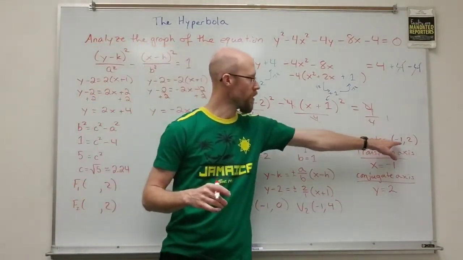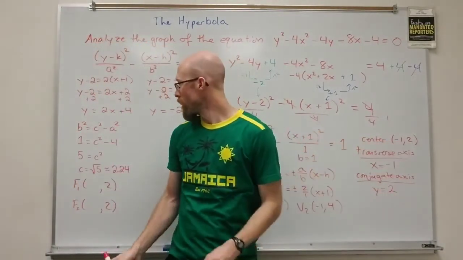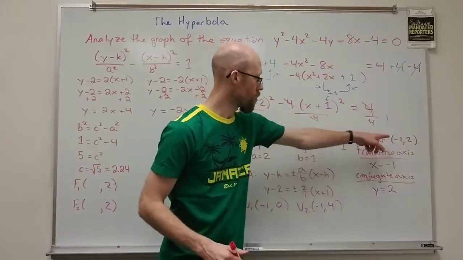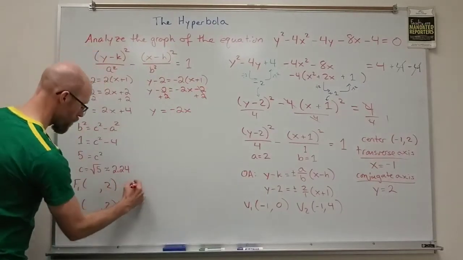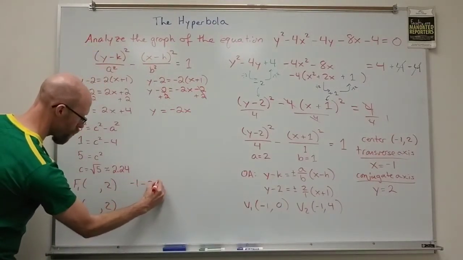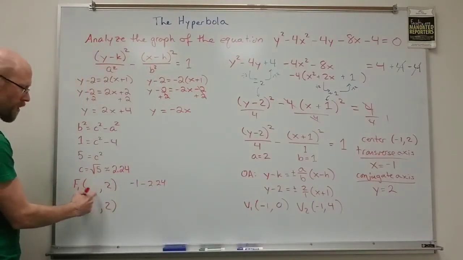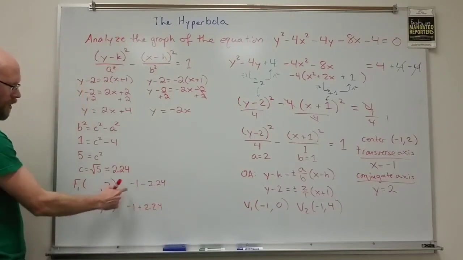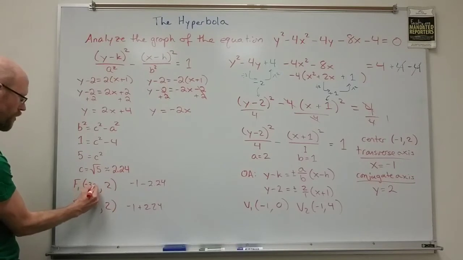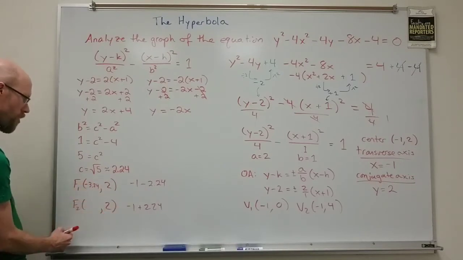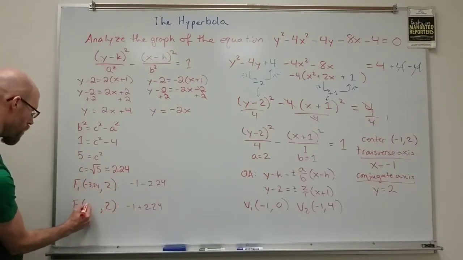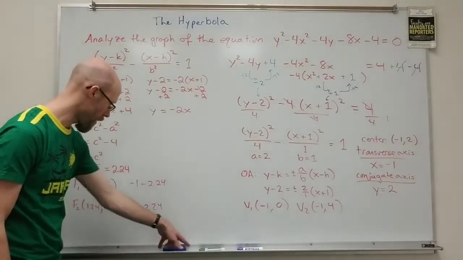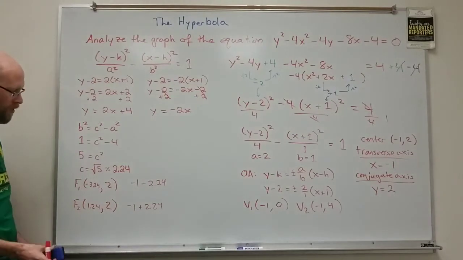You start at the center, that's -1, and then you add and subtract the 2.24. So if I go -1 minus 2.24, that'd give me the first one. And then this would be -1 plus 2.24. The first one here is -3.24, and the second one would be 1.24. All right, so that gives me my two foci from those values.